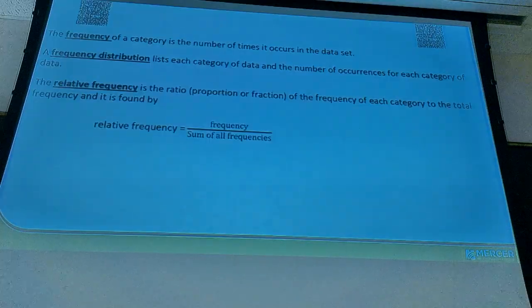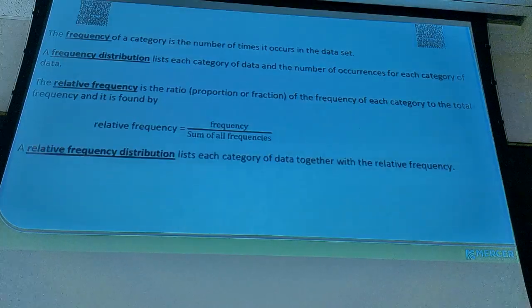Now, if you want to convert it into a percent, you just multiply by 100%. And of course, we can also create what's known as a relative frequency distribution. And oftentimes, you'll see both frequency and relative frequency in the same table.